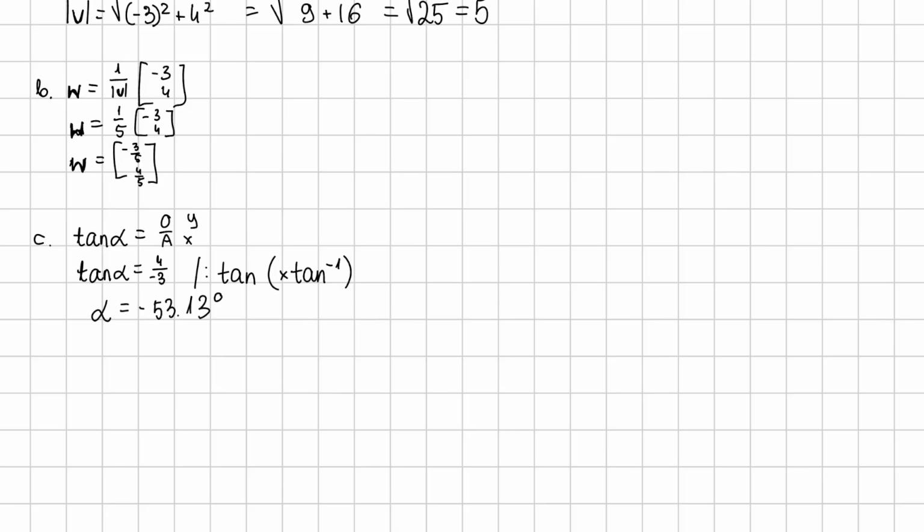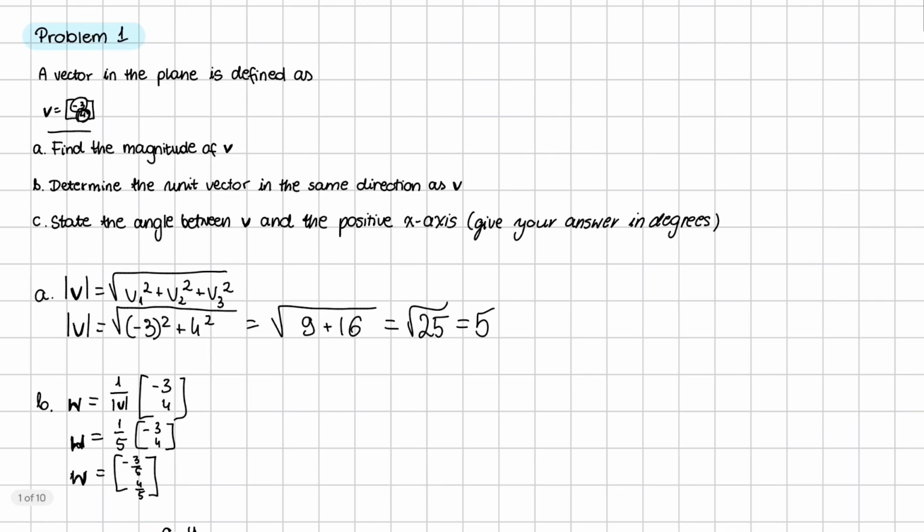Our alpha is negative 53.13 degrees. However, we have to spot that x, so minus 3, is less than 0, and y, 4, is greater than 0.